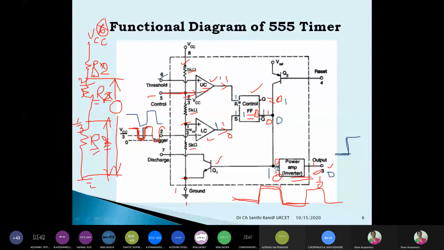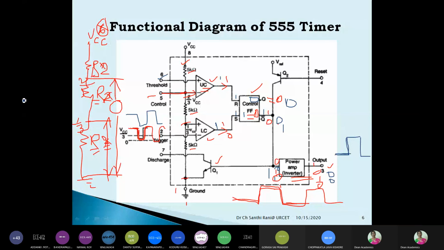So when this reset signal is 1, the flip-flop is reset to 0. When the flip-flop is reset to 0, Q is 0. When Q is 0, Q bar is 1. So that 1 is applied here, and the output is 0. Now Q bar, right?